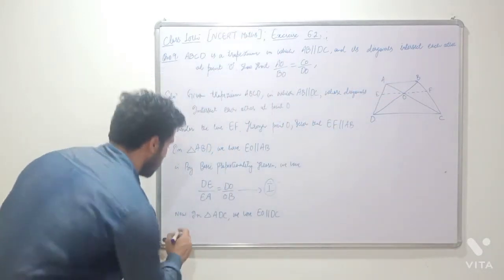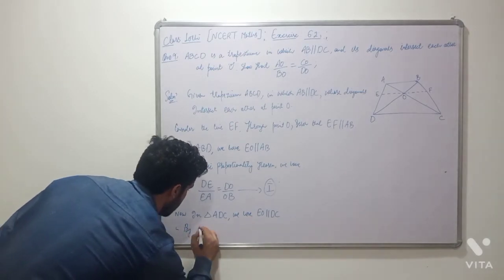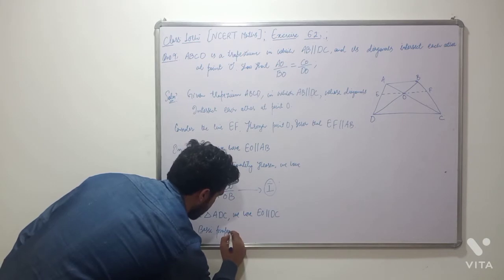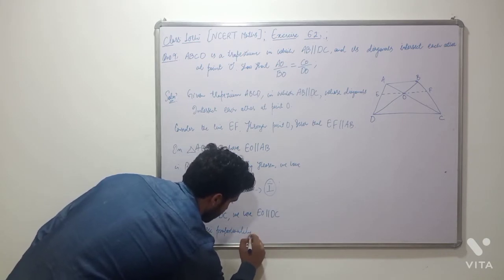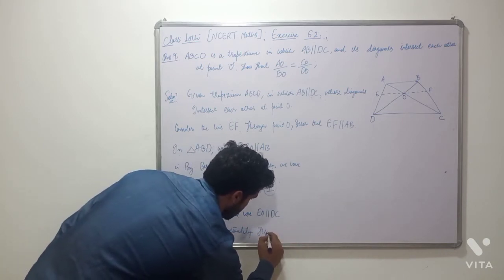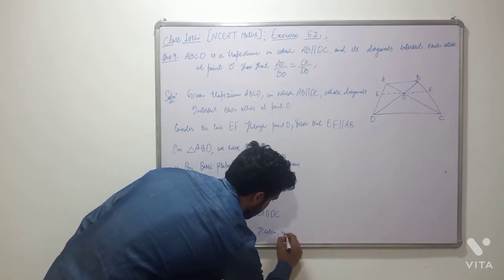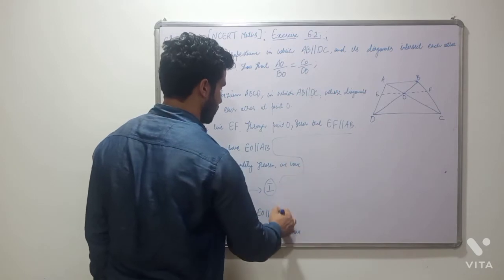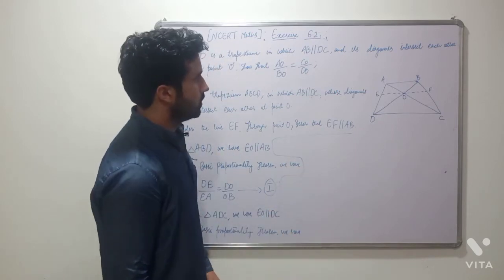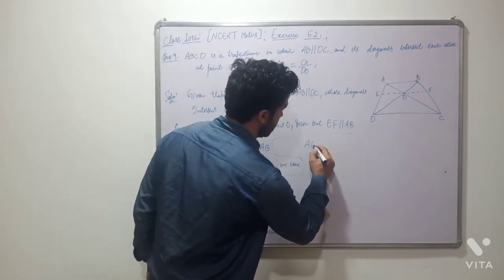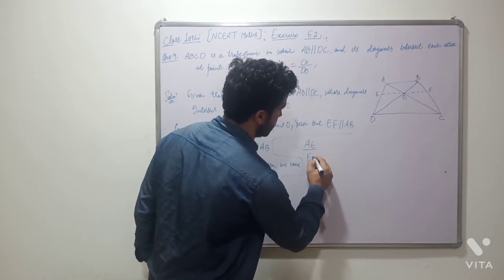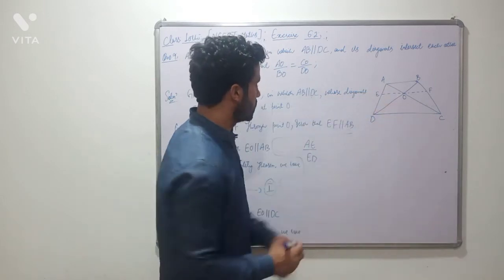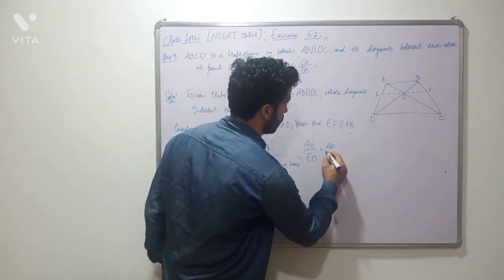So write down here, we will write therefore by basic proportionality theorem, what do we have? Look what you will get here. So we will get AE over ED, AE over ED, this will be equal to what? AO over OC.